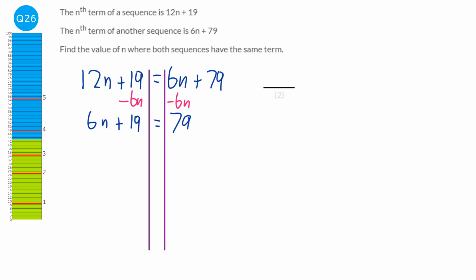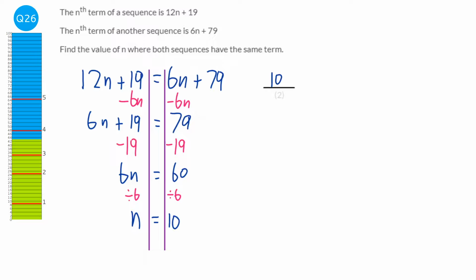Next thing we're going to do is get rid of the 19, so take away 19 both sides. And so we've got 6n equals 79 take away 19, which is 60. And finally, we're just going to divide by 6. And so that'll be n equals 10. So the value of n is 10.